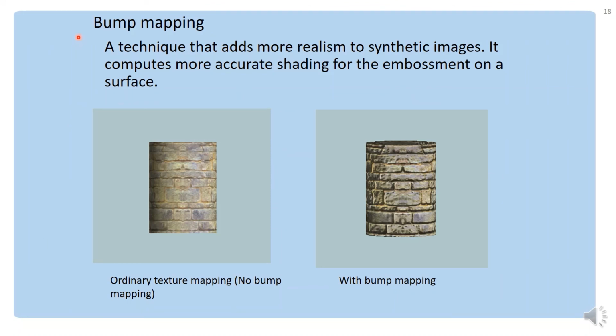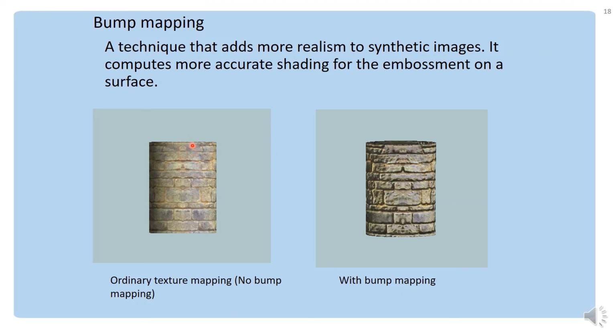Generally, we can say that bump mapping is a technique that can add more realism to a synthetic image. It computes more accurate shading for the embossment on the surface. In these two figures, this is ordinary texture mapping with no bump mapping applied to this cylinder.